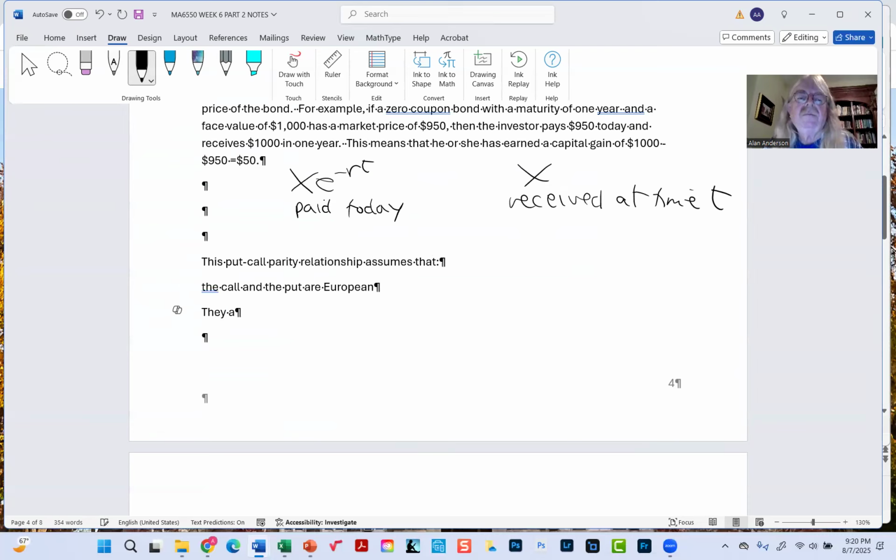They are both written on the same asset, in this case, stock, have the same maturity and the same strike price X. Right, I should have put in the symbols here.